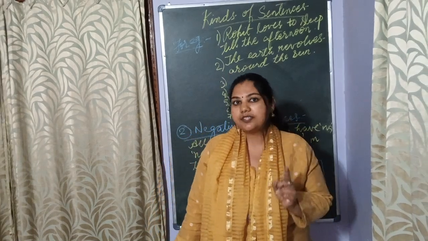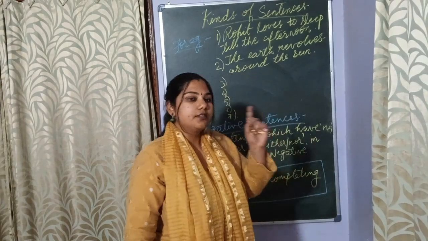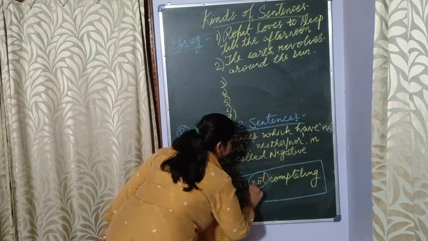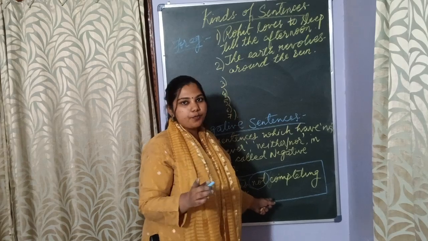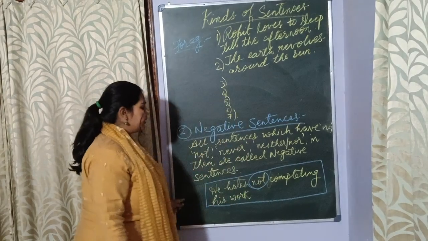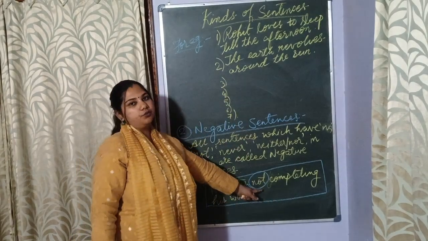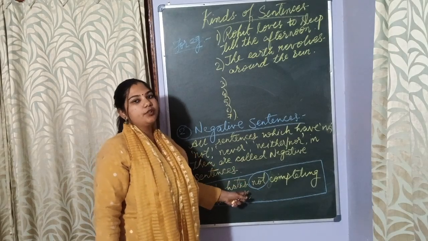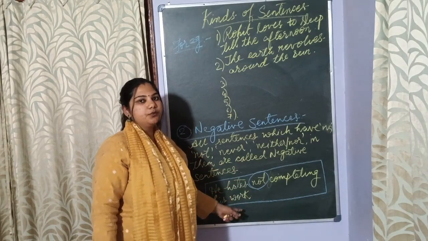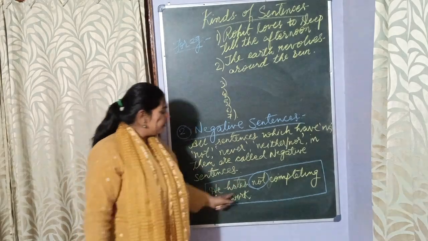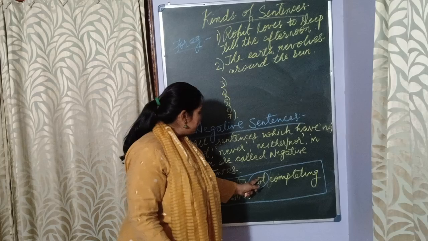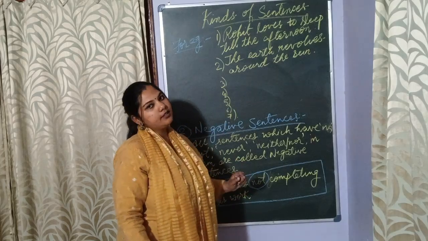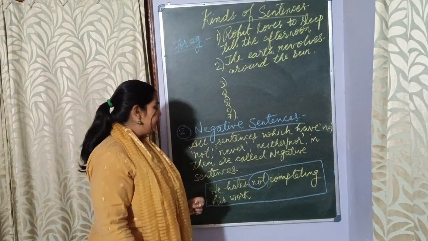So the meaning of the sentence is positive, but this not over here makes it a negative sentence. The meaning is positive, but the sentence is negative because we have the word not over here. Even if the meaning turns out to be positive, this not makes the sentence negative. I hope I made my point clear.